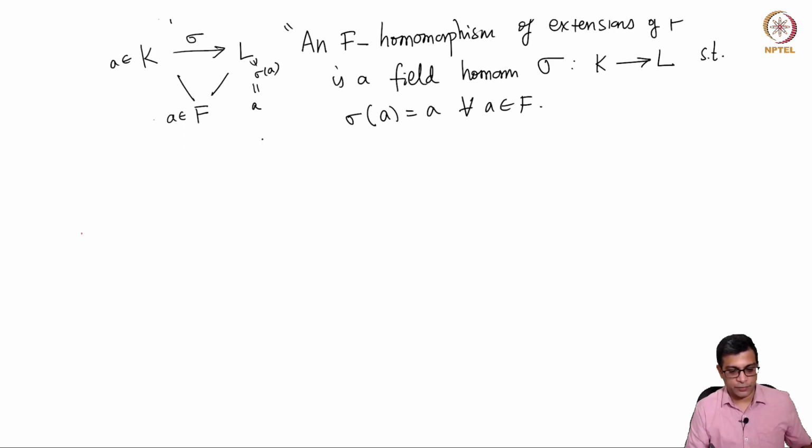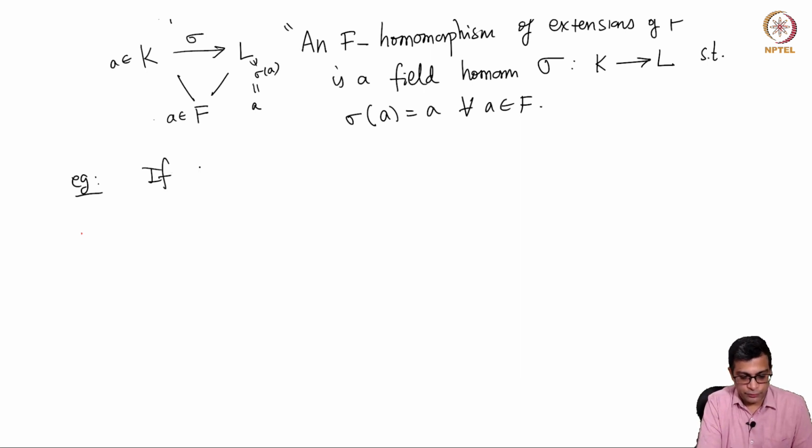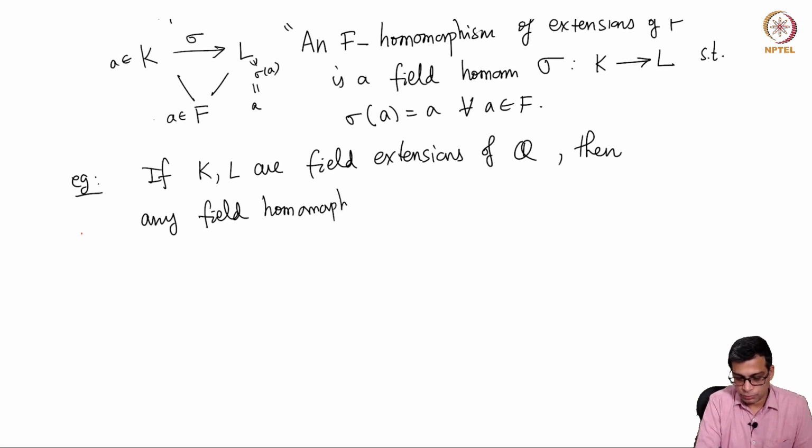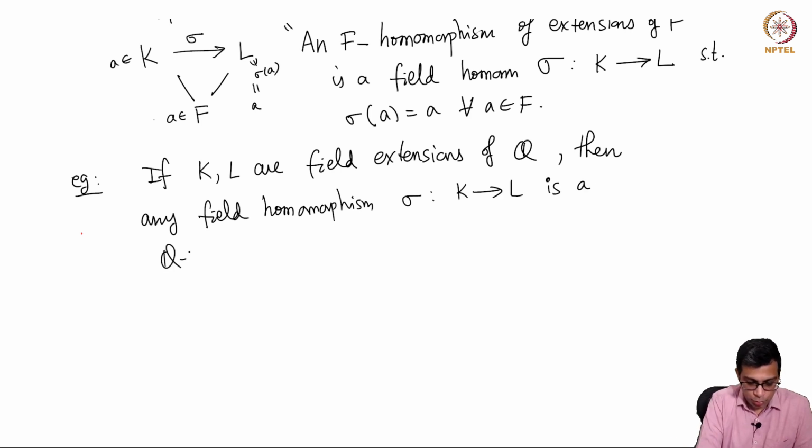So just to give you an idea, this is in fact an exercise for you. If K and L are field extensions of Q, then any field homomorphism is a Q homomorphism.